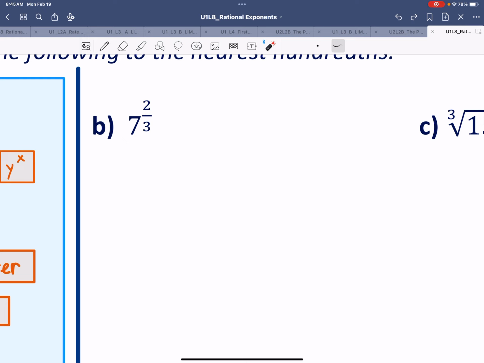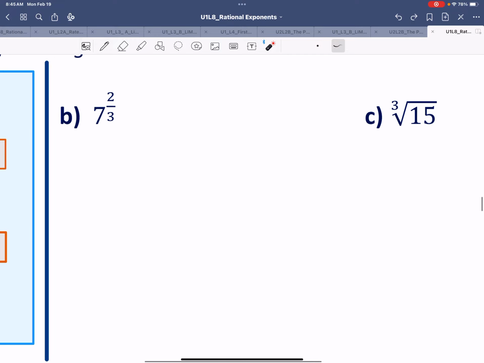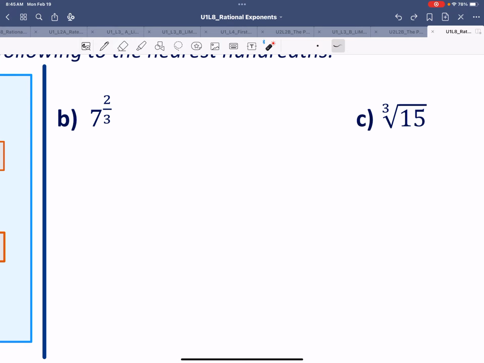So how do we use the calculator in this case? It is pretty much similar to how we use the calculator for the previous example, with only one small addition, or detour, I say. So first we have to type the number 7, that is the base. And next we have to type the power button, or the y to the power of x button.